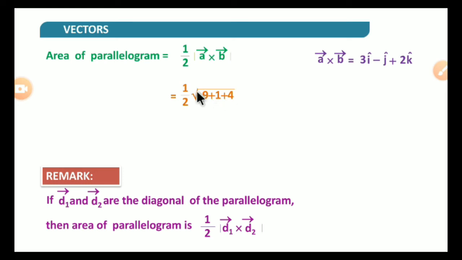That is the square root of 14. Therefore the answer will be 1 by 2 into square root of 14 square units. We have to express the area in square units.